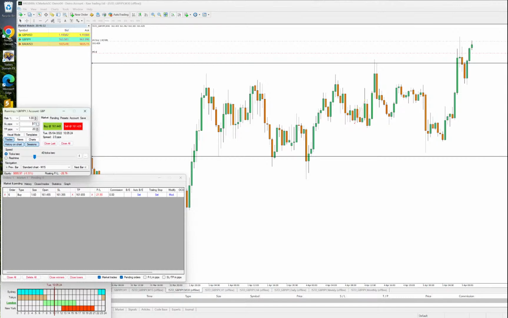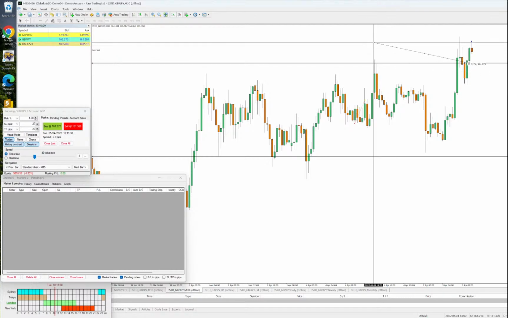Yeah, 10 pip stop loss. This was not a very good idea, but anyway. Yeah, let's hit the stop loss. Next time we'll be more aware of the stop loss. It should have been 20 pips.